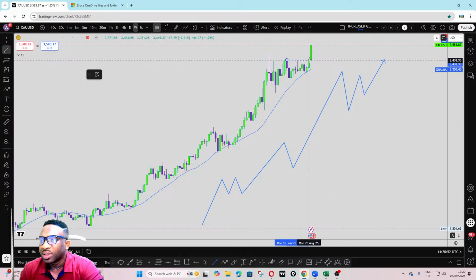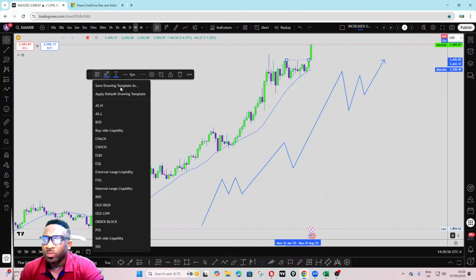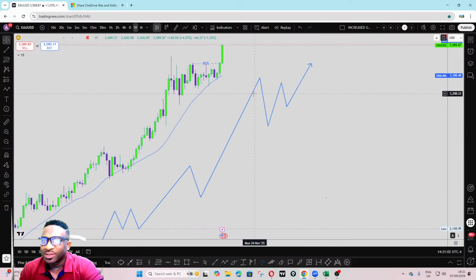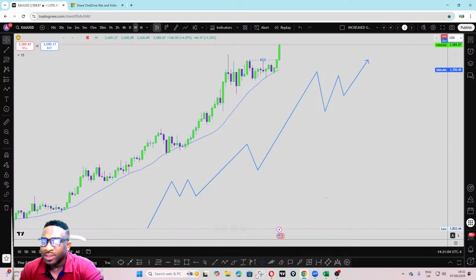So this here is a BOS, break of structure. Once we have this in place, we at least expect this to happen. We had this push up to cause this break of structure, taking out all these liquidity areas here, making an all-time high.